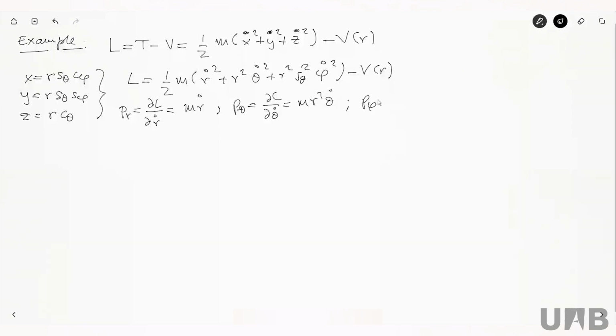And finally, p phi, which is dL/d phi dot, and that is m r squared sine squared theta phi dot. Okay, the Hamiltonian by definition is p_r times r dot, so that's the Legendre transform, plus p theta theta dot, plus p phi phi dot, minus the Lagrangian.